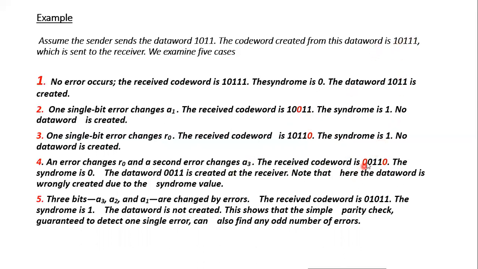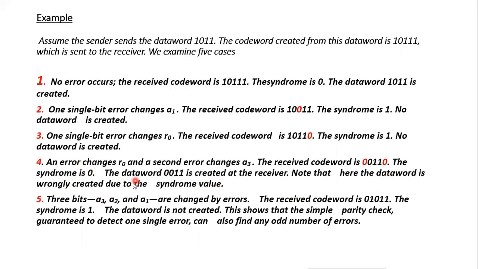Then the syndrome is 0. The data word 011 is created at the receiver. Note that here the data word is wrongly created: the syndrome is 0, but the data word is a wrong one.